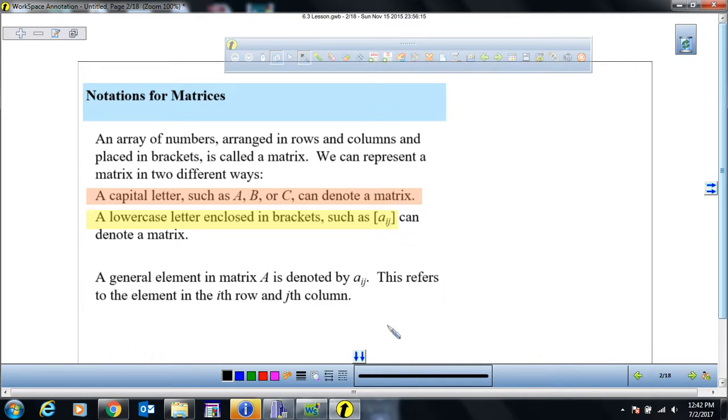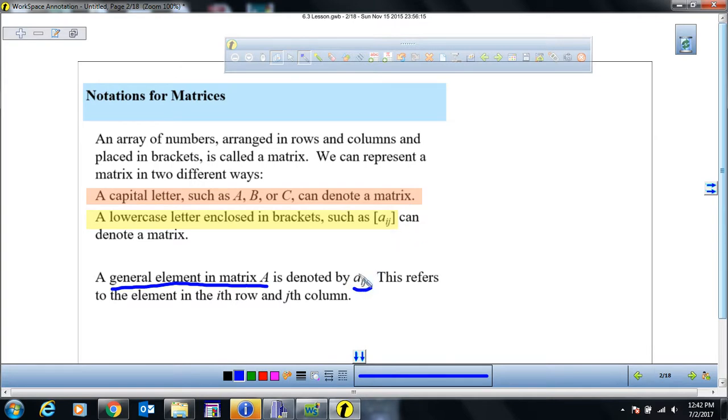Now, if I want to refer to a general element in the matrix, meaning one of the numbers or values in the matrix, I can represent it with that same notation enclosed by the brackets, a_ij. What does that mean?